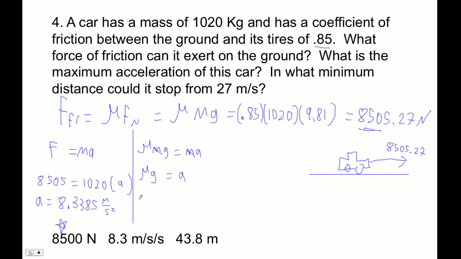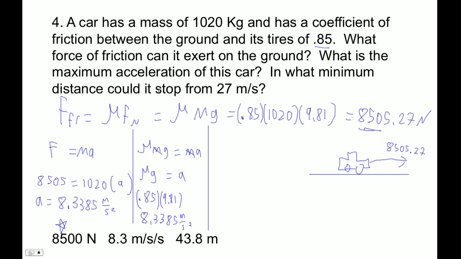So you can simply go 0.85 times 9.81 and get exactly the same answer, 8.3385, with the sort of smug satisfaction of knowing that the mass doesn't matter, it cancels. More massive cars have more inertia, but also in equal proportion more friction speeding them up.